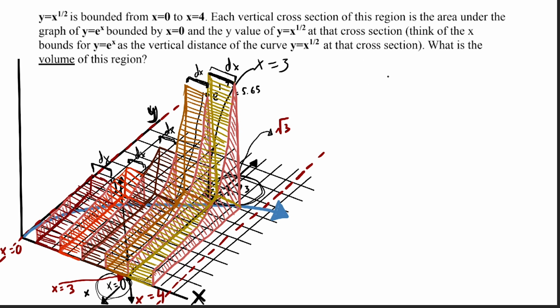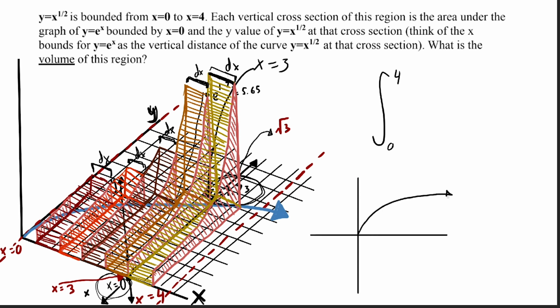So we have the integral from 0 to 4 of what exactly? Well, unlike a function that gives the height at each cross-section, say like square root of x, or if you were to integrate regularly with respect to x, you get a height at each cross-section. So unlike that, we need a function that gives the area at each cross-section. And so how can we get the area of each cross-section?